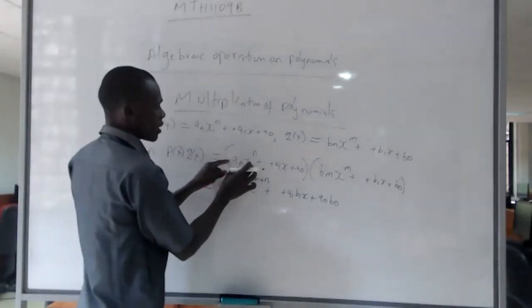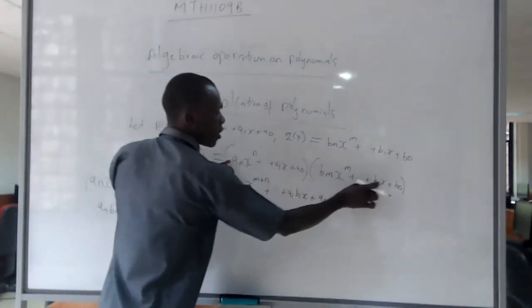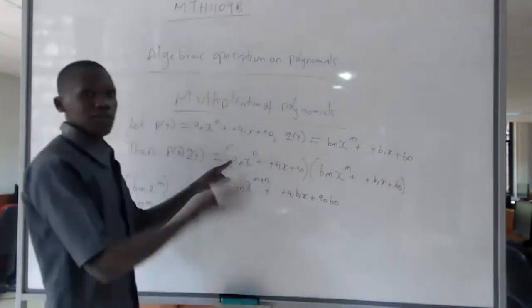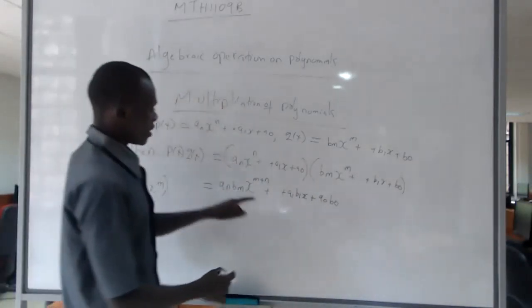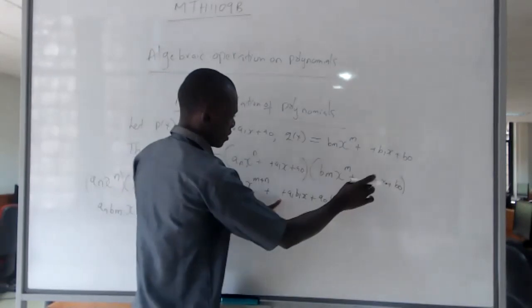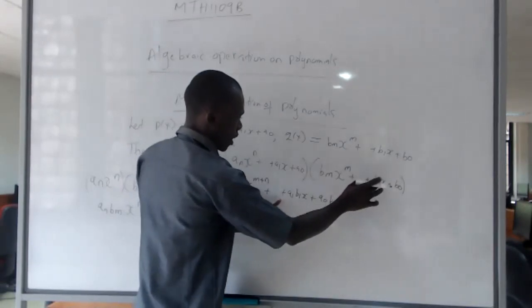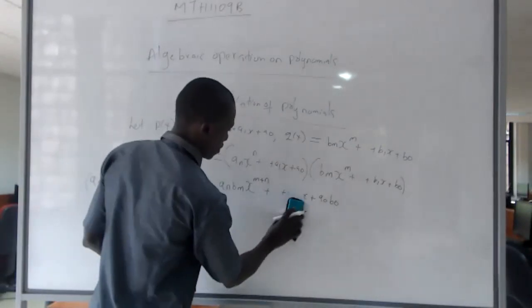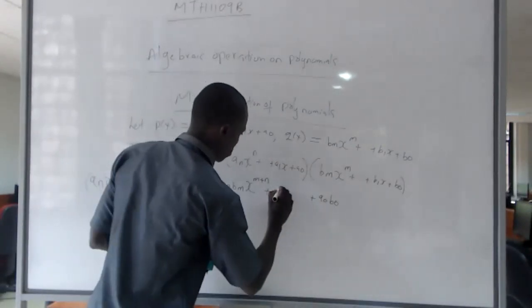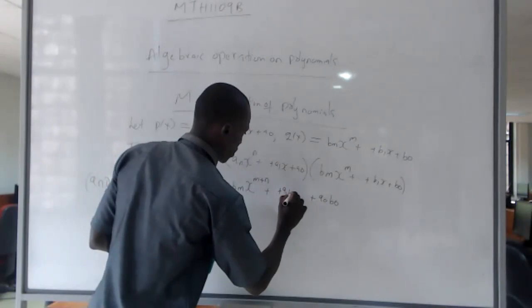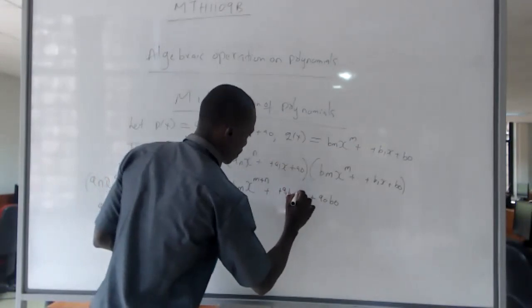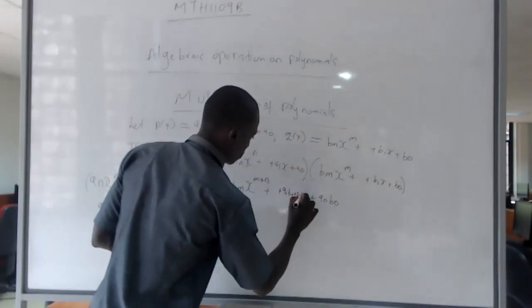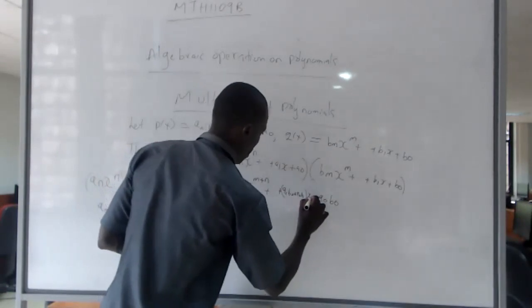Then again, I will take a_n and multiply by all these other terms. After some finite number of steps, I will come to a_1 times b_1. Actually, this step is not right. Plus a_1 b_0 plus a_0 b_1 x.